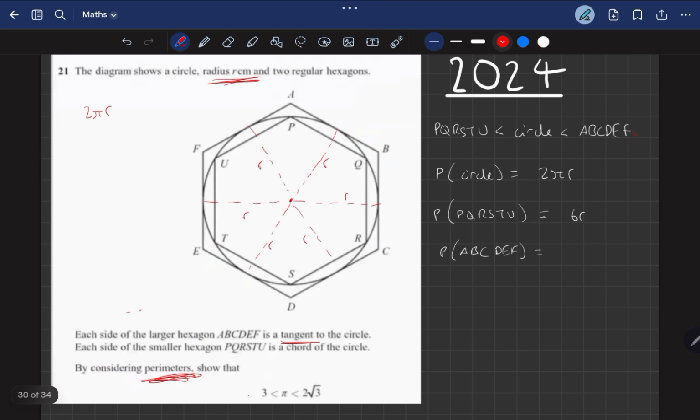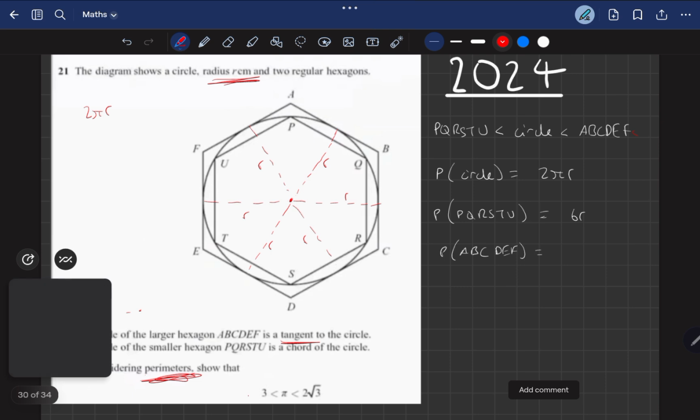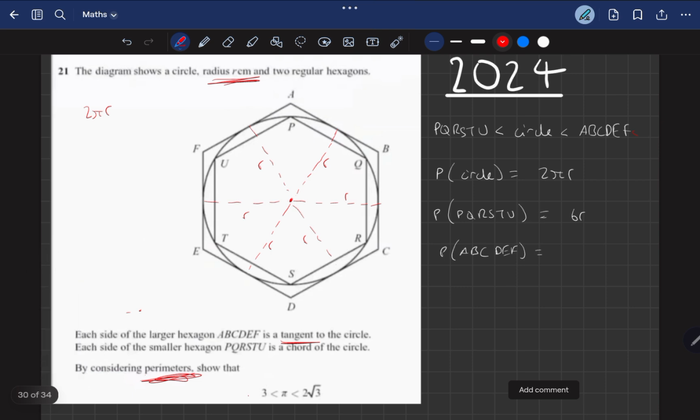Now once again, we have divided our circle into 6 equal pieces. So you know that this is 60, this is 60, this is 60. However, we want to find this slanted height right here to get ED. To get ED, let's first focus on finding just half of ED.